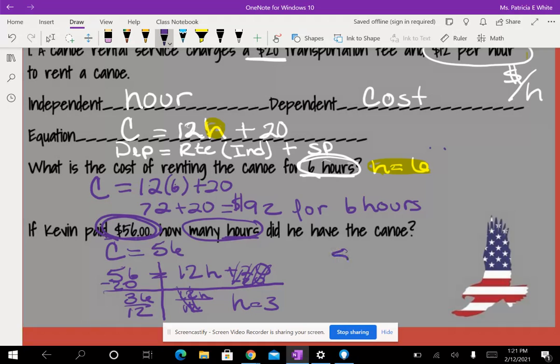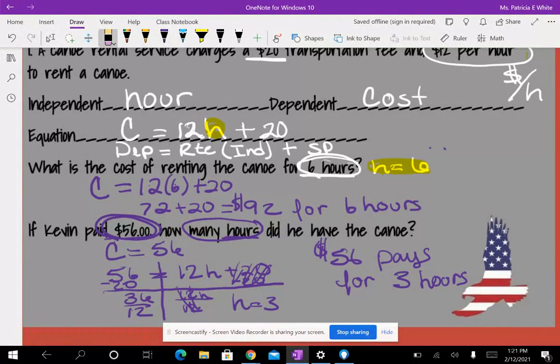So $56 pays for 3 hours. Okay? All right, let's try another one.